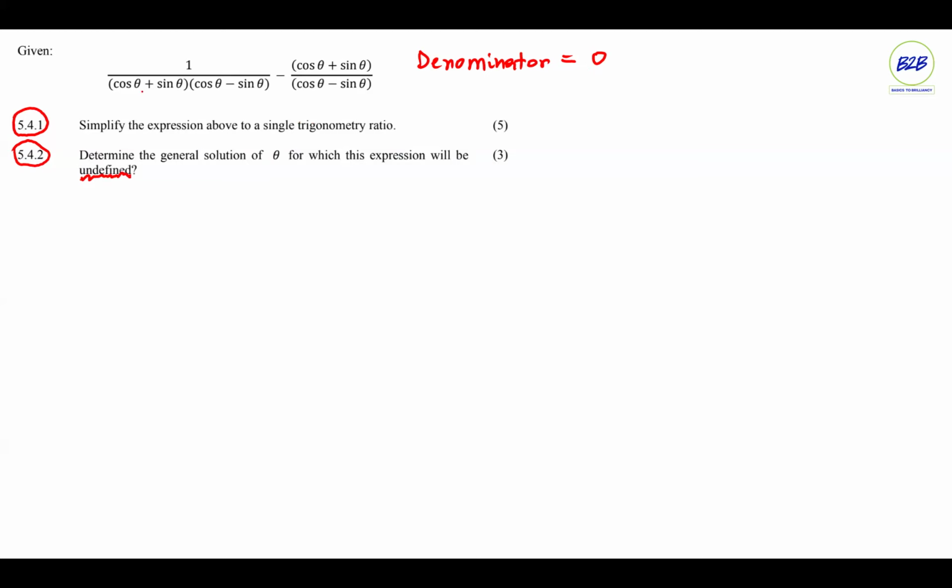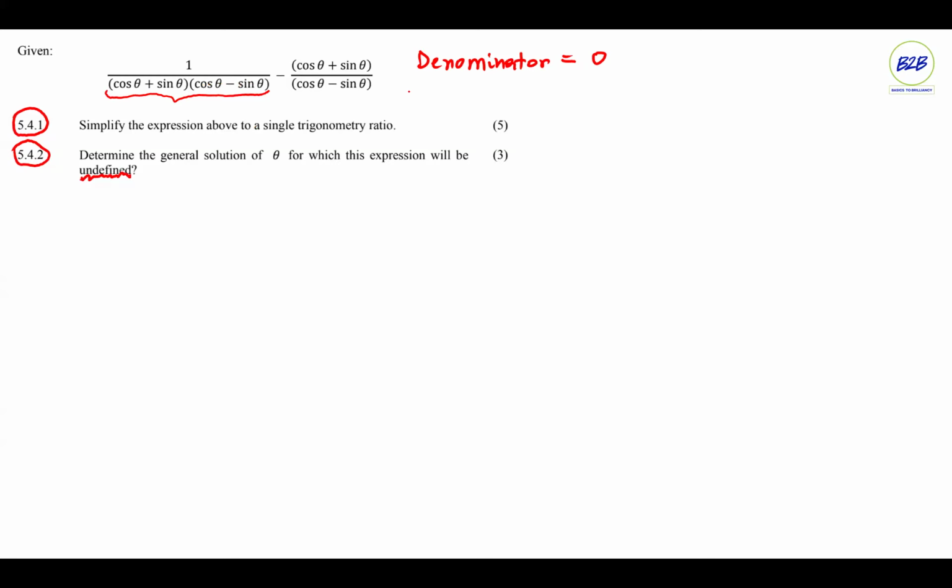So what is in the denominator here? The first denominator contains cos theta plus sine theta, all multiplied by cos theta minus sine theta. Then the second denominator contains cos theta minus sine theta. So we don't have to worry about the second denominator, because its contents are contained in the first denominator.